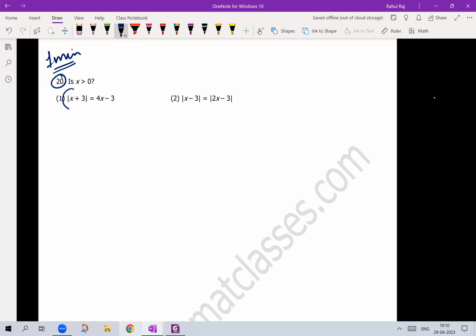Is x greater than 0? This is 100% positive. Minimum value of the left hand side can be what? 0. Can I say 4x minus 3 is greater than or equal to 0? x greater than or equal to 3 by 4. If x is greater than or equal to 3 by 4, x is greater than 0.